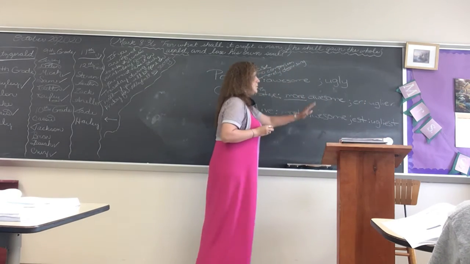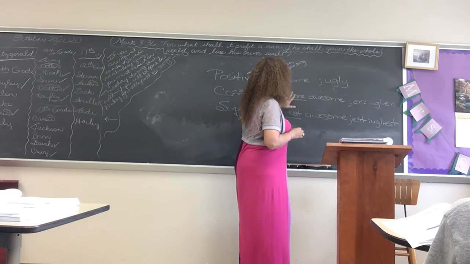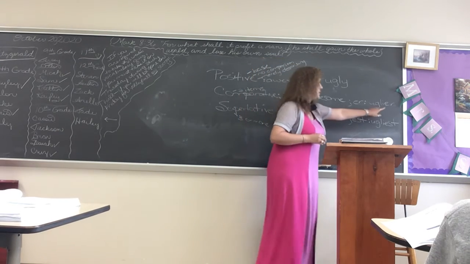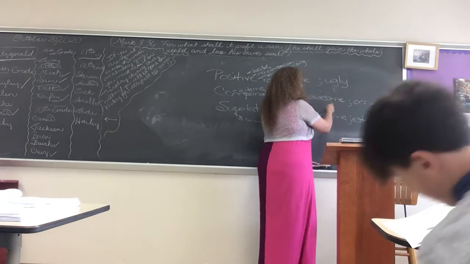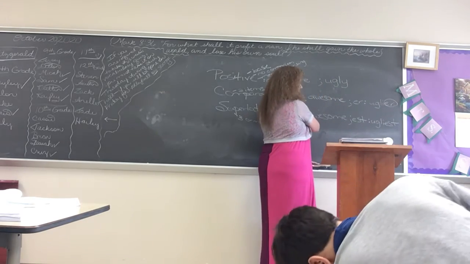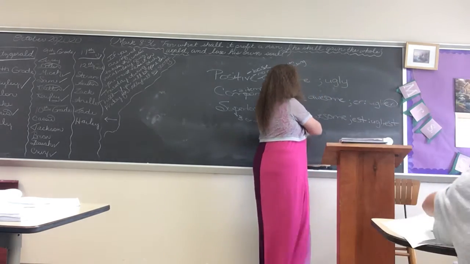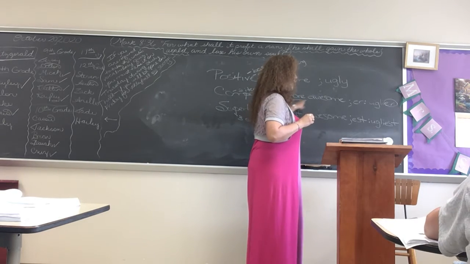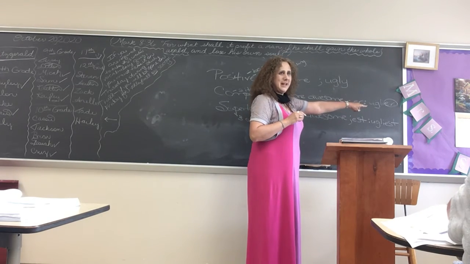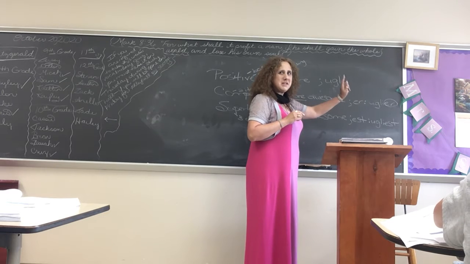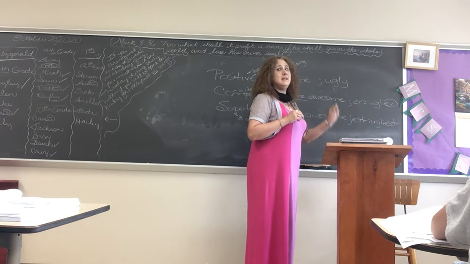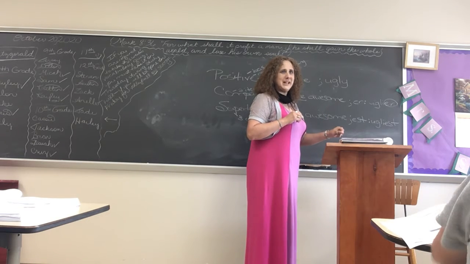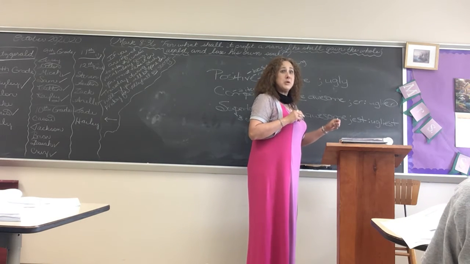Okay? So most of the time when we're comparing 2 or more, we're going to use ER on the end. We may have to change the Y to I. Sometimes we will do more in front of the word instead. By the way, you are not ever going to say more and then the ER together. That's what we call a double comparison. People do it all the time. It's wrong. Okay? The extra most bestest?